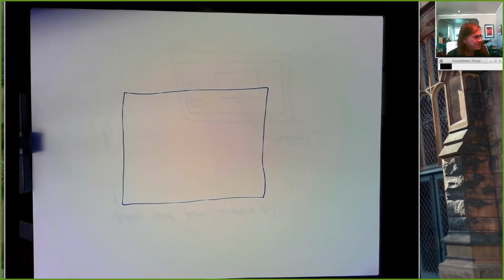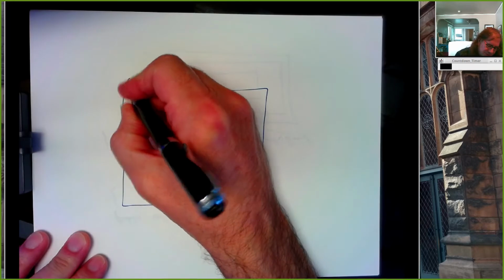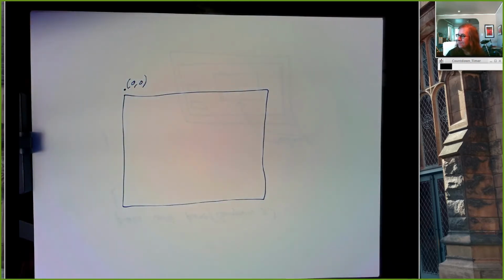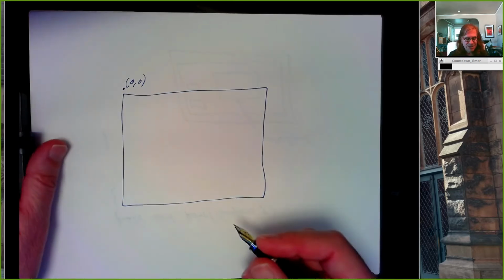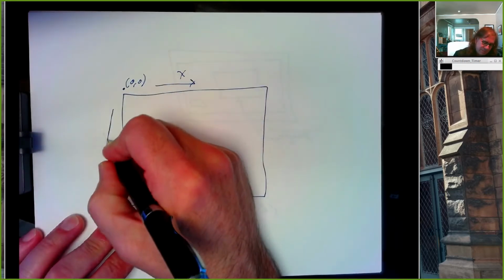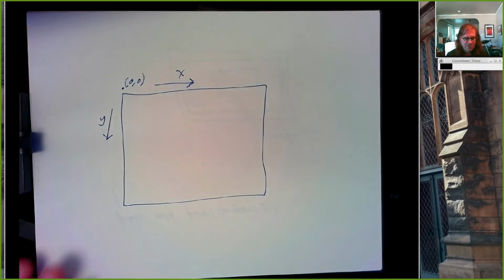One kind of odd thing about this is your origin is in the upper left corner instead of the lower left, where it would normally be in a math class. And we still have X and Y. X goes horizontally, Y is vertical, but Y starts at the top and moves down to the bottom.